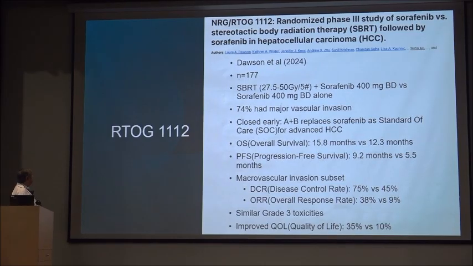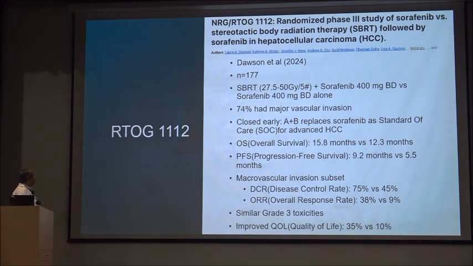In this trial, a total of 177 patients were treated, with SBRT dose of 27.5 to 50 Gy in 5 fractions with sorafenib 400 milligram BD, versus sorafenib 400 milligram BD alone.